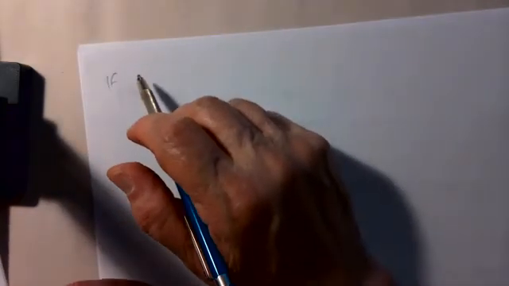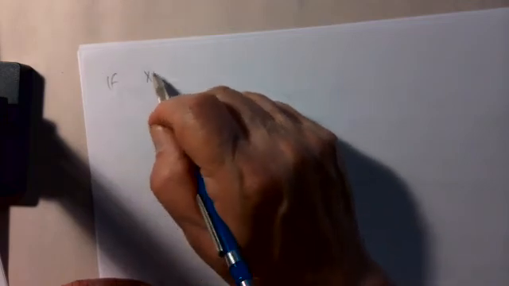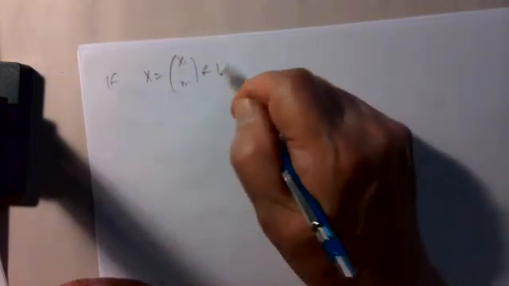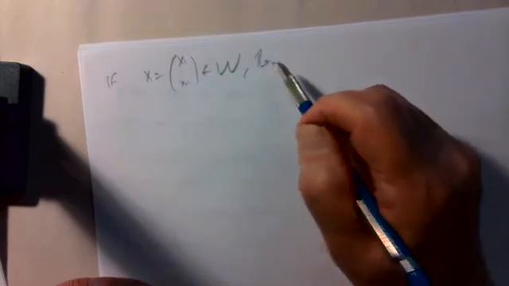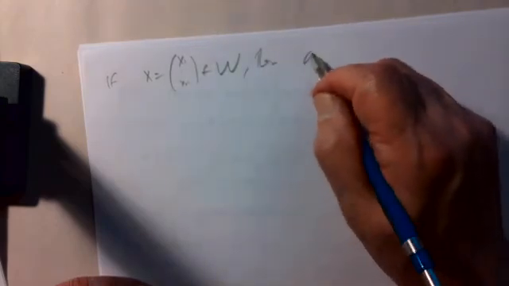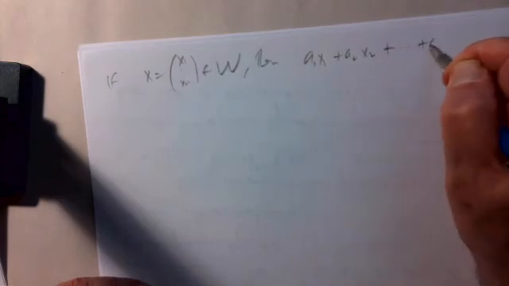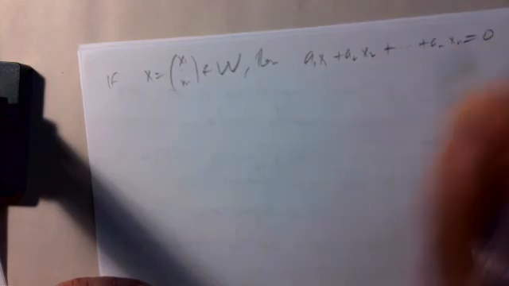So what can we say? We can say the following. If x1 up to xn is in W, then a1x1 plus a2x2 up to anxn is 0.